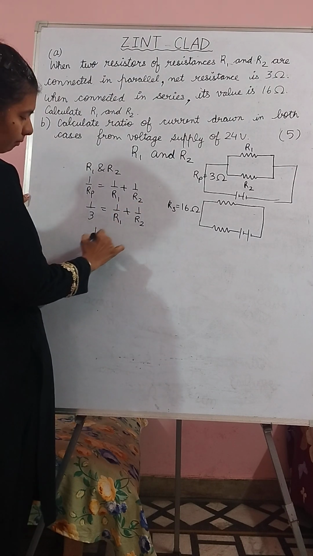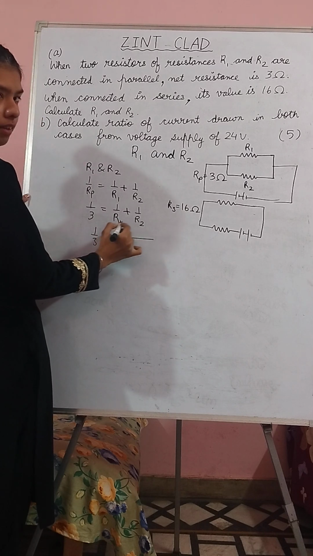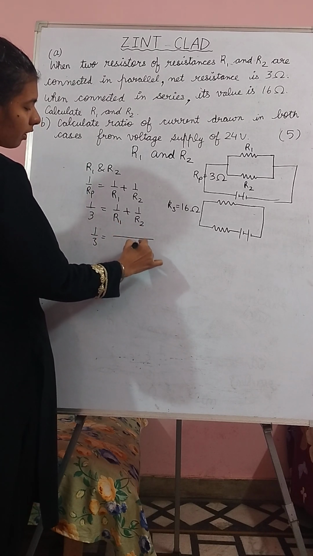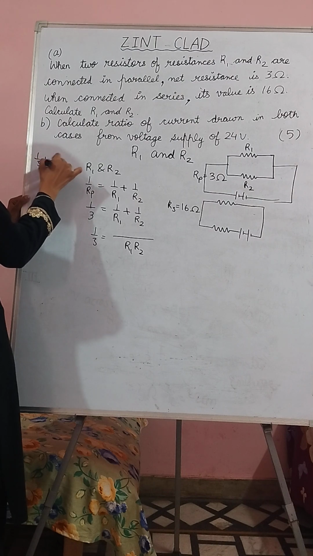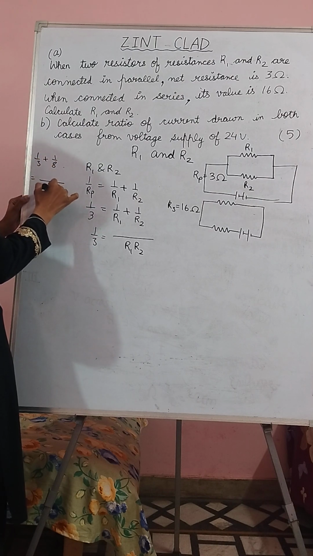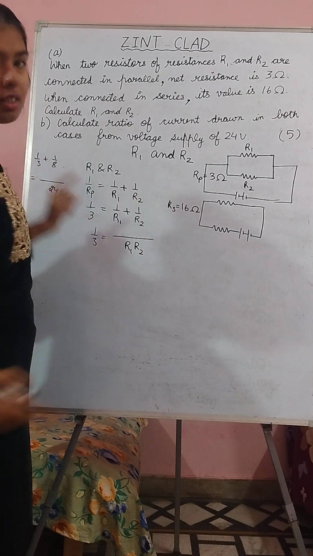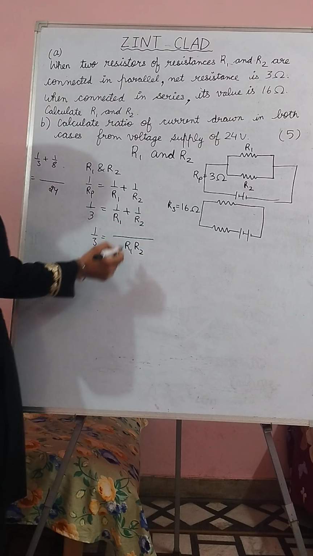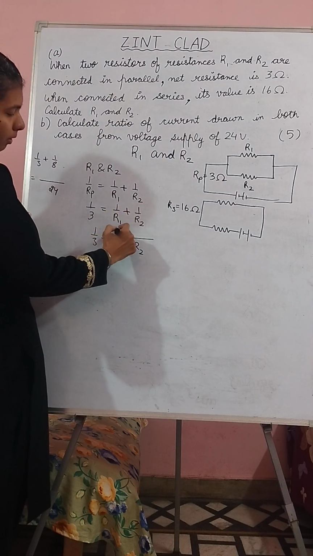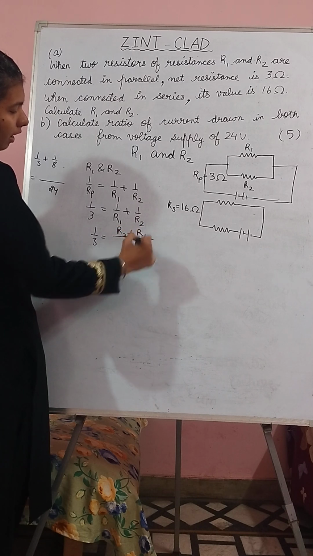Now take the LCM. LCM of R1 and R2 would be R1 into R2. Just like the LCM of 1 upon 3 plus 1 upon 8 is 1 upon 3 into 8, which is 24. In the same way, these two resistances are different, so the LCM would be the multiplication of both. And now cross multiply, it would be R2 plus R1.